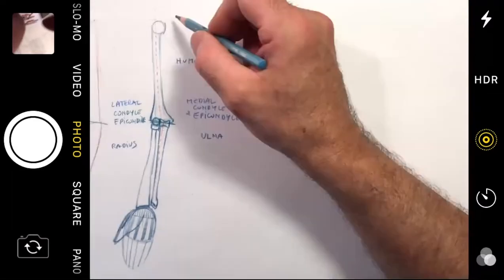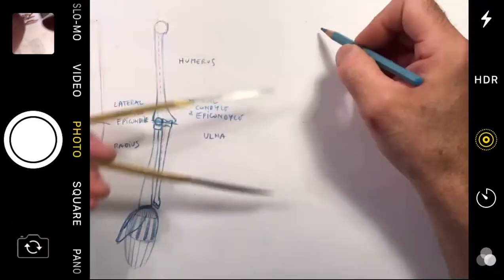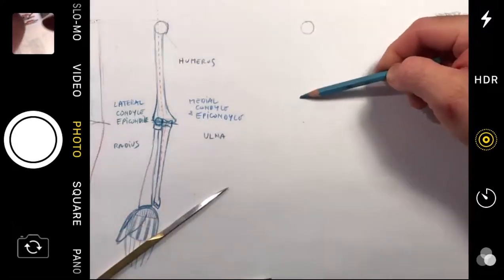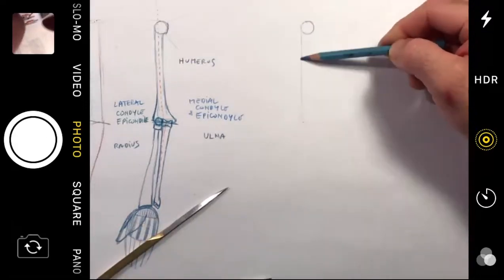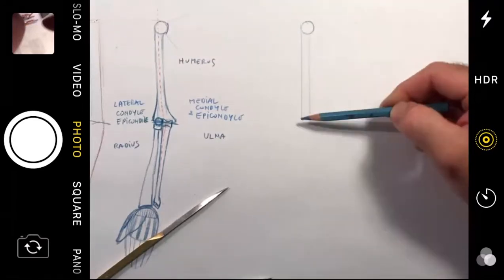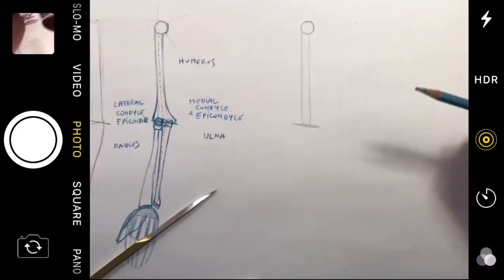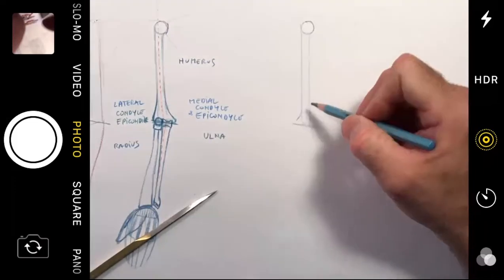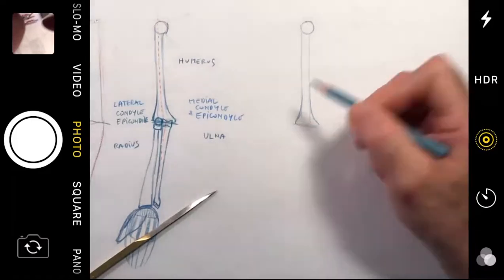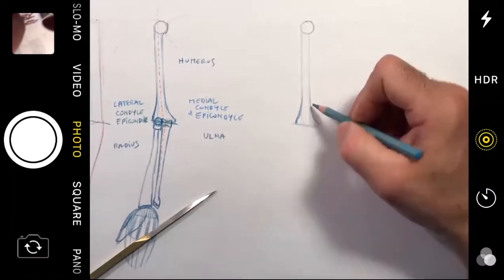I'll try to maintain this measurement so it's easier. Add the humerus, remember a little bit offset compared to the center. Shaft of the humerus, right? And then slightly at an angle, the articular plane of the elbow, the widening of the extremity of the humerus here, where I have the lateral epicondyle and the medial epicondyle.